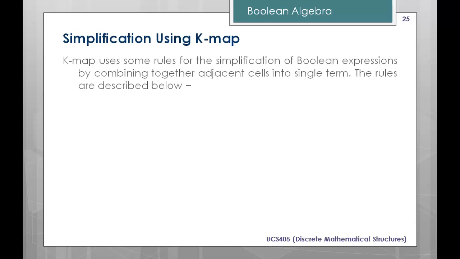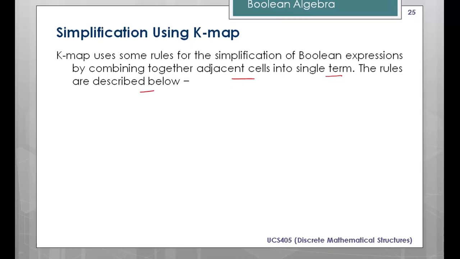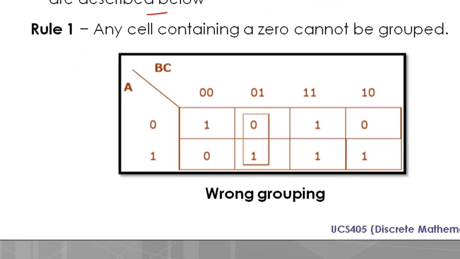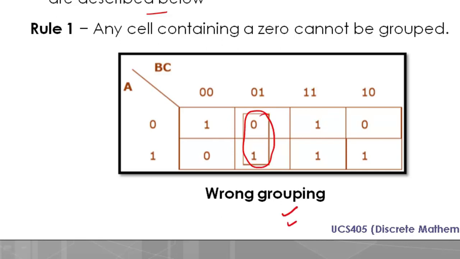Simplification using K-map. For simplification, we have to combine adjacent cells into single terms. There are certain rules for that. First rule, any cell containing a 0 cannot be grouped. For example, we can't group 0 and 1 like that; this is the wrong grouping.